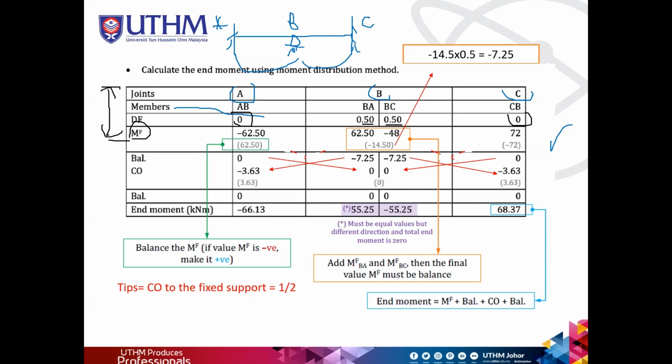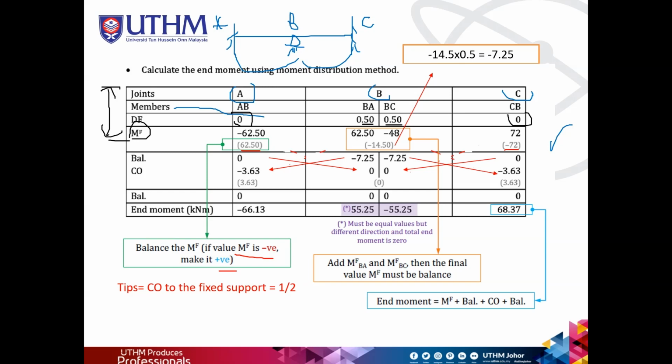Now how can we balance it? If you look here, the green color refers to balancing the fixed end moments. If the value of the fixed end moment is negative, make it positive. So here from negative we make it positive. As well, this one is positive, so we write it in the bracket as negative. How about this one?